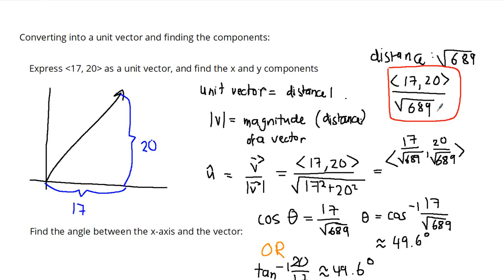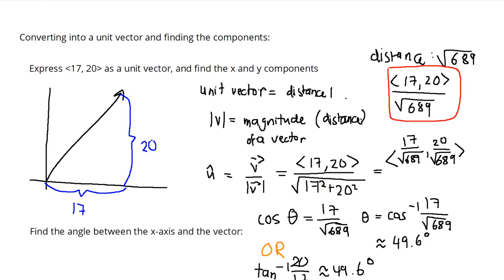You want a unit vector. Unit vectors are really important because they represent direction. So 17 over 20 over square root of 689 gives you a unit vector: 17 over square root of 689, 20 over square root of 689. You can set our cosine and sine to these unit vector components in order to find the x and y.